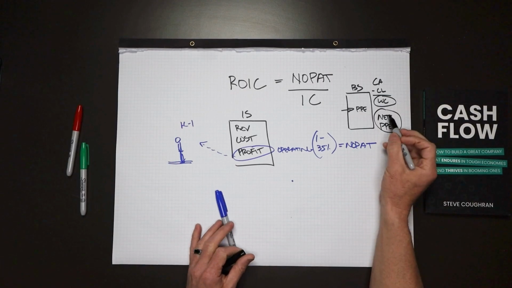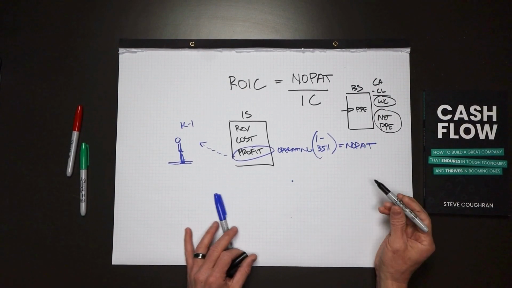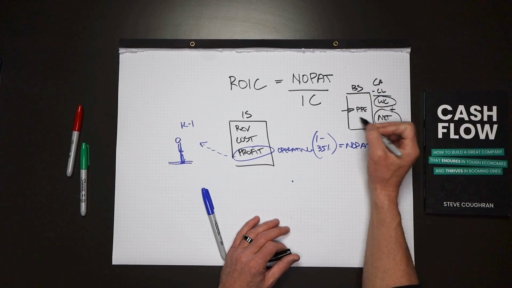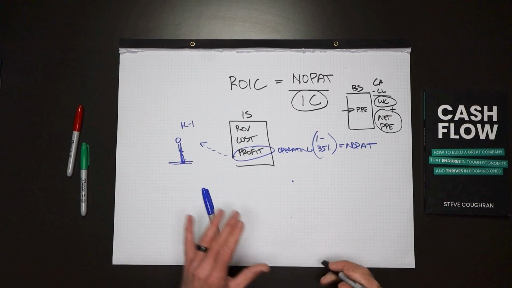Like I said, net PP&E just stands for your depreciated property, plant, and equipment, which includes your trucks, your equipment, your building, etc., all the assets needed to run your business and to generate this operating profit. Okay. Working capital plus net PP&E comes off the balance sheet, like I said, and it makes up your invested capital. Okay. Cool. You got that? You can handle that so far?